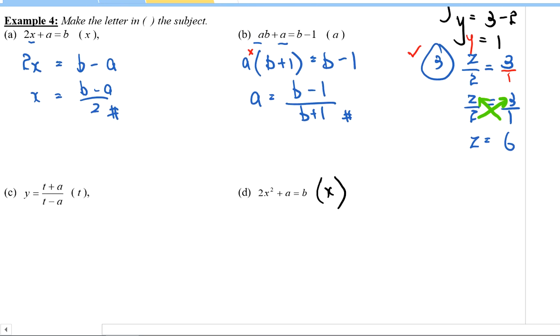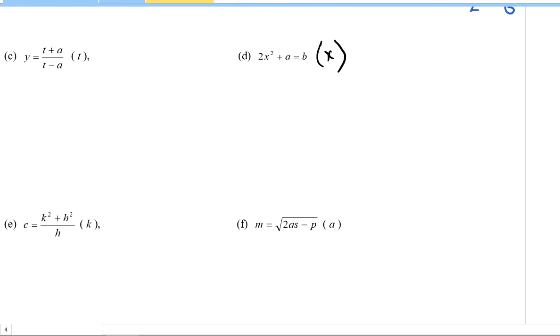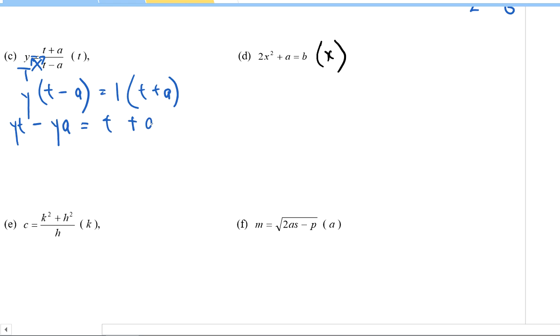Okay, moving on to C. There is a fraction on the right side. I must make sure my left side has a fraction before I do my cross multiplication. Let me write everything out first. I need to get rid of the fraction, meaning I will need to simplify or expand. Remember, we only want those terms with t on the left hand side.